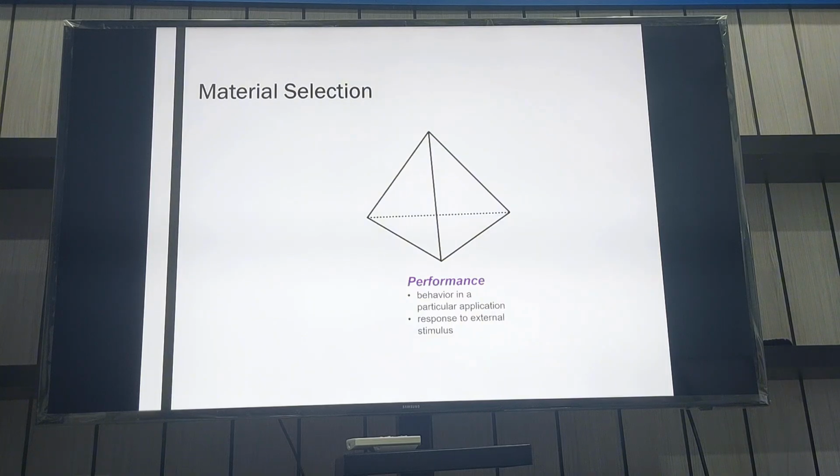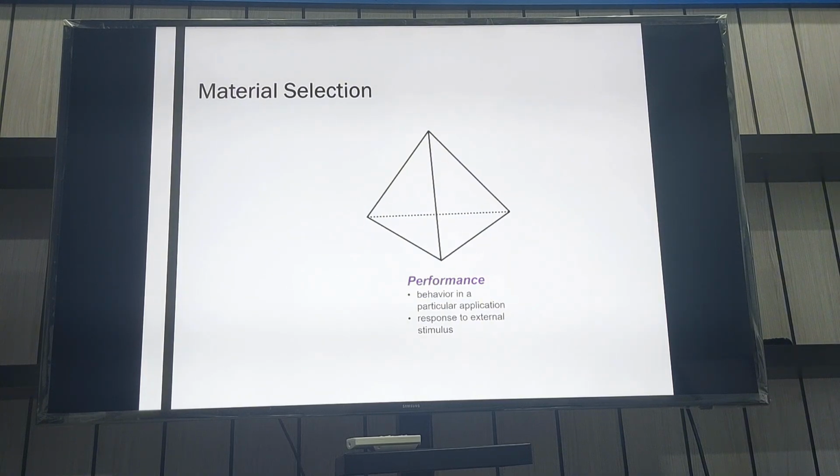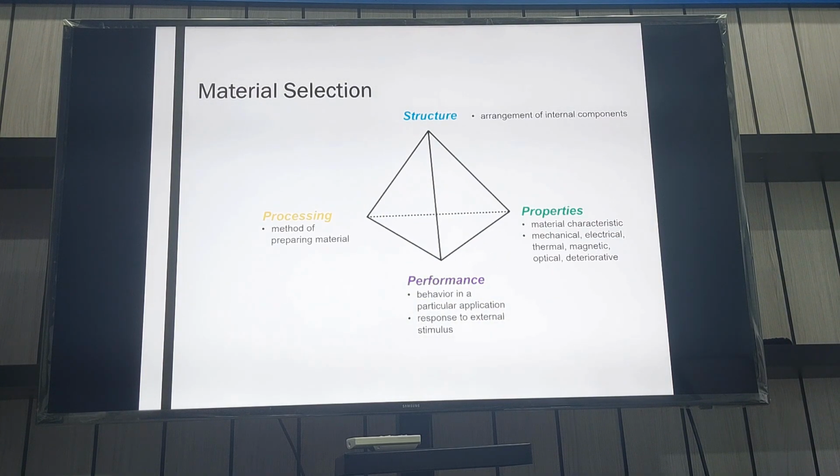So when we choose material as one of the important inputs for manufacturing process, we have to consider 4 items. First is performance, properties, processing, and structure, as you already learned in previous semester.